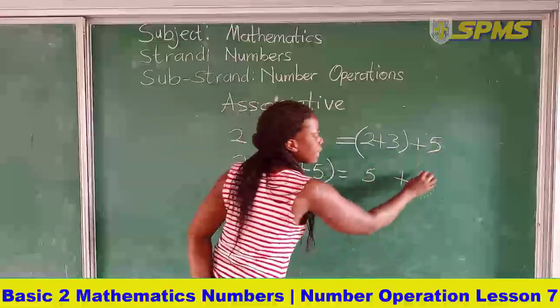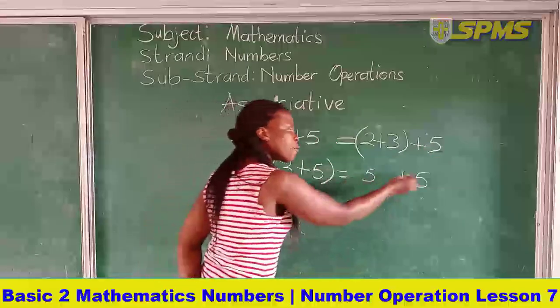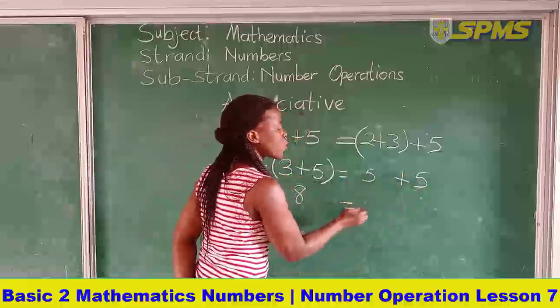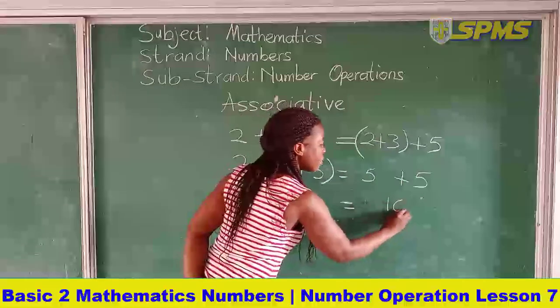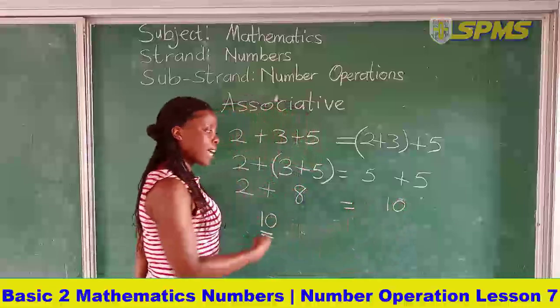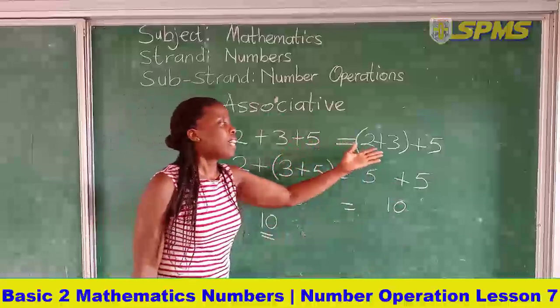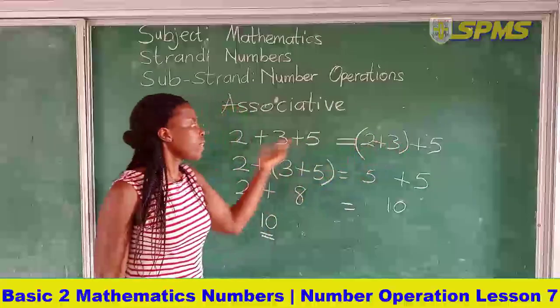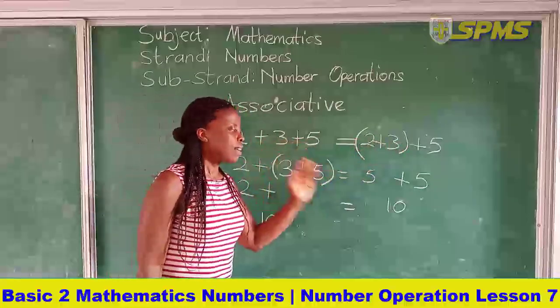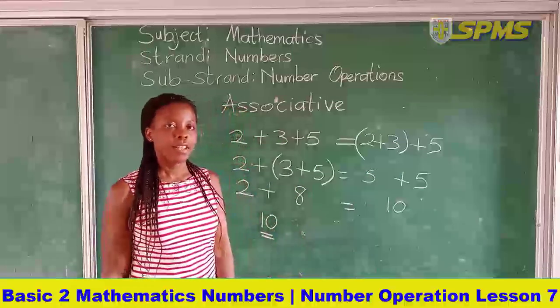Plus what is outside? 5. Add your 5 to the 5. What is going to be your answer? 10. So you have your 10 on the other side. After changing the places of these addends, I still got the same answer, 10.